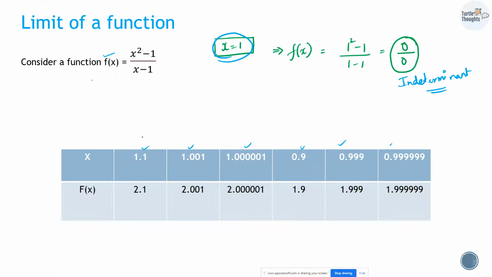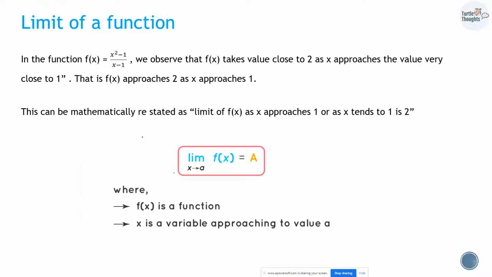For this particular function, I can write the same thing: limit of f of x as x tends to 1 is equal to 2. This is read as limit of the function f of x as x tends to 1 is equal to 2. This is for this particular question. Generally, I can write like this.